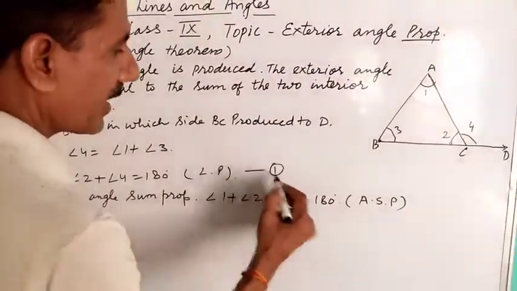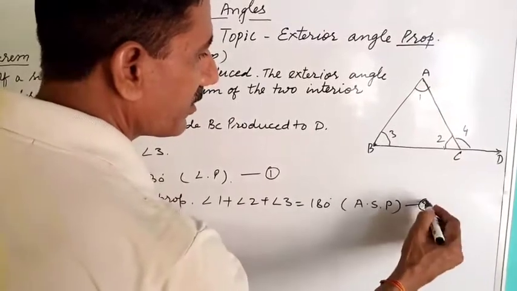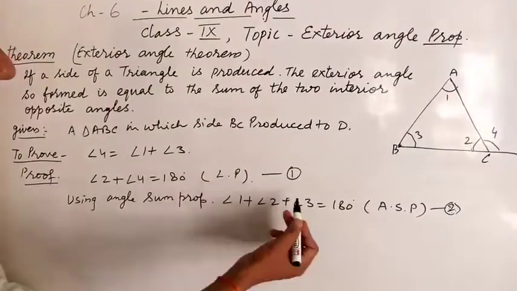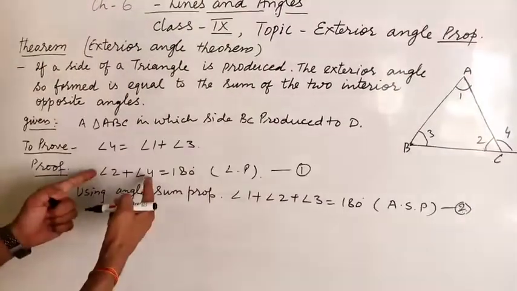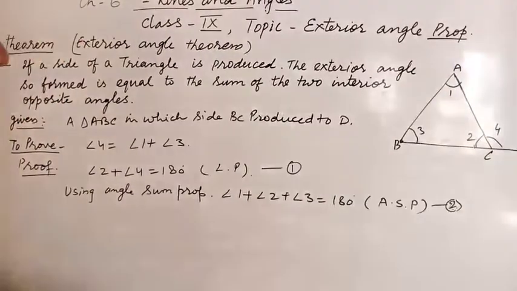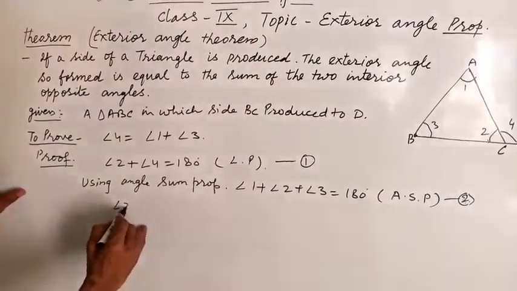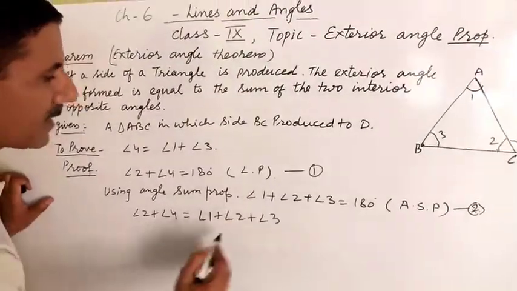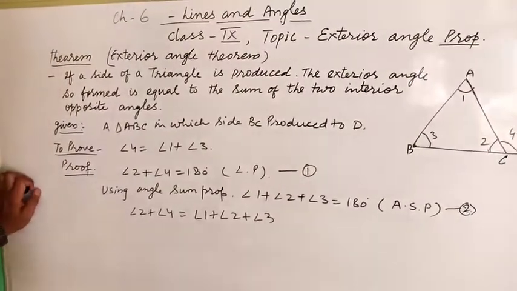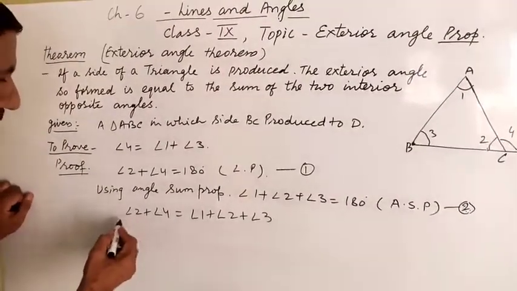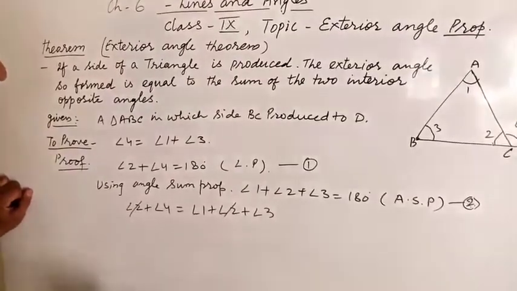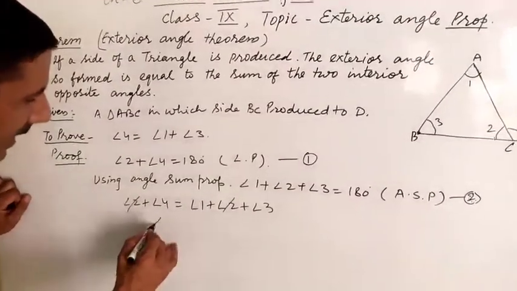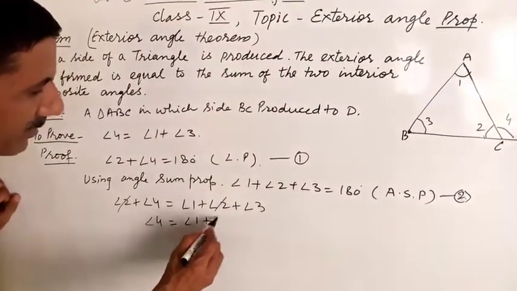Now you have two equations, and the right-hand sides of both equations are equal. So the left side of the first equation is equal to the left side of the second. Angle 2 plus angle 4 is equal to angle 1 plus angle 2 plus angle 3. Angle 2 appears on both sides, so cancel it, and the remaining part is angle 4 is equal to angle 1 plus angle 3.